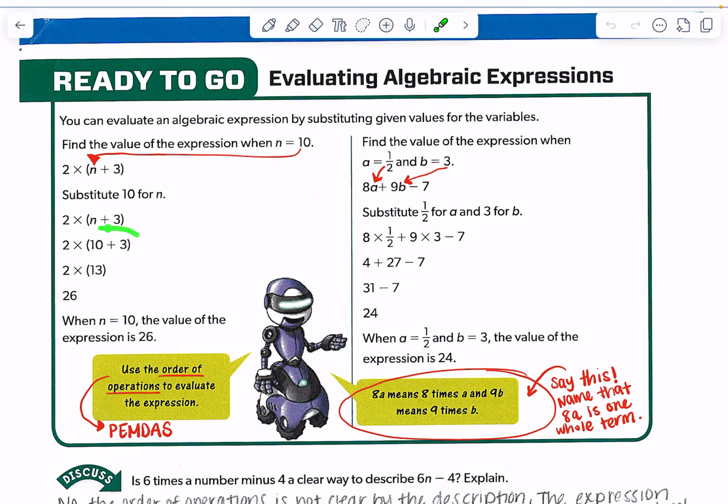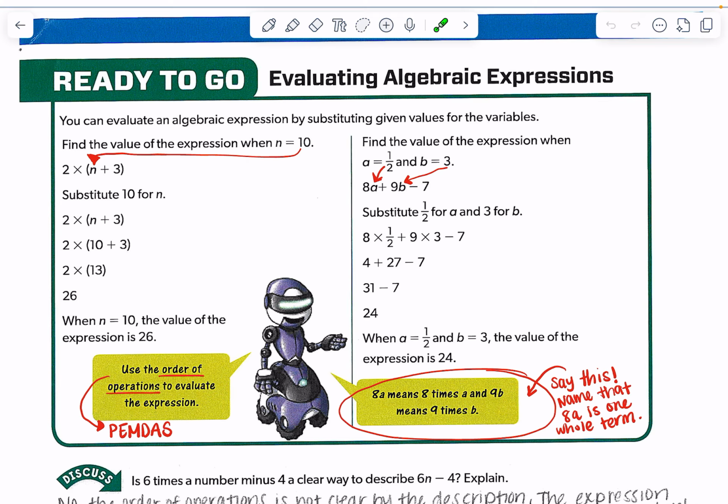So here is where that substitution happens. Instead of n, they have put in 10. So 10 plus 3 gives me 13. 2 times 13 gives me 26. Okay? So when n is equal to 10, the value of the expression is 26.